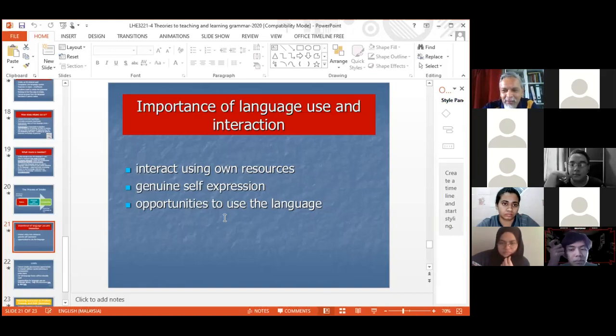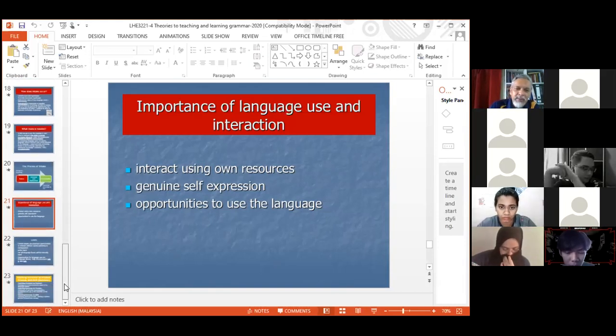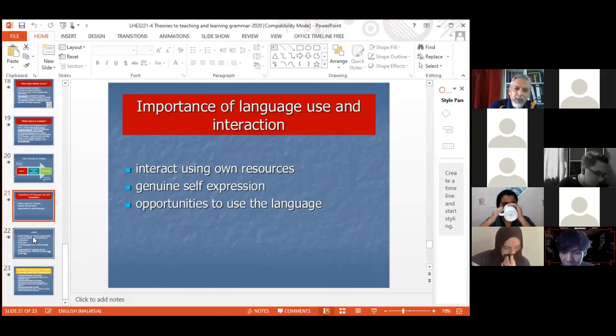They don't really have an opportunity to actually use the language. So as teachers, we have to occasionally stop and think: are they using the language? Are we giving them the opportunity to use the language? This is very important, because it's going to help them in acquiring the language.